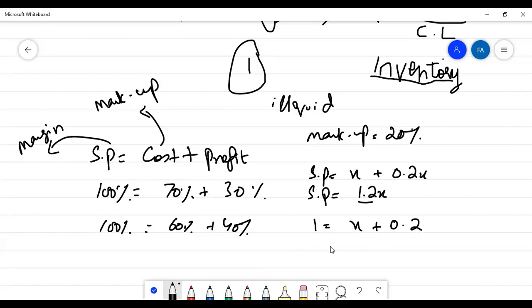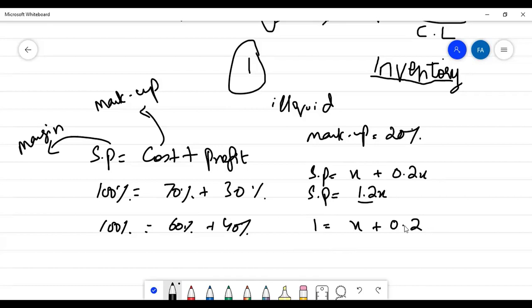Because yes, you will get 1.2. 1.2 minus 1, you will get 0.2 in this scenario. So you have 100%, you have x as your cost, you have plus 0.2x, that is 20% of x, you will get this.